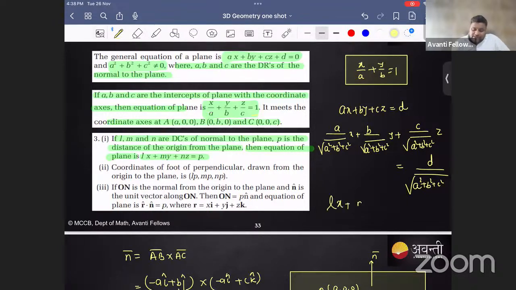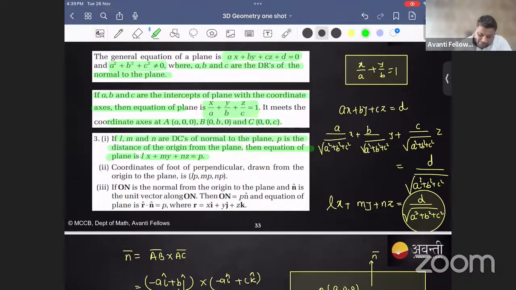So it will be lx plus my plus nz equals to D upon under root of A square plus B square plus C square. So if I convert them into the unit vector, means direction ratios into direction cosines, whatever I have on the right hand side will be the distance of this plane from the origin. Got it?